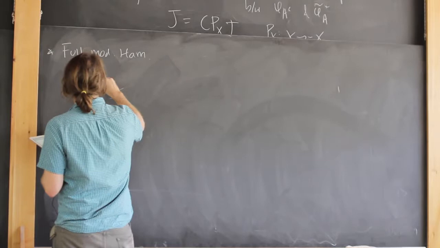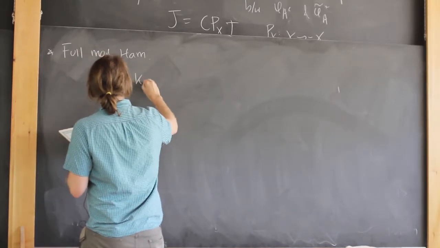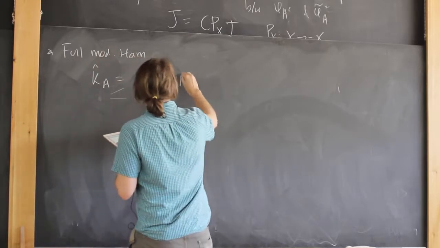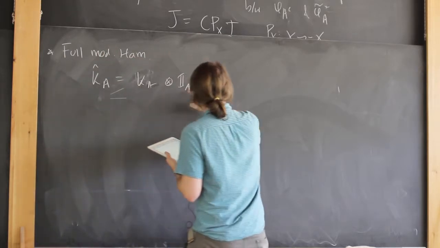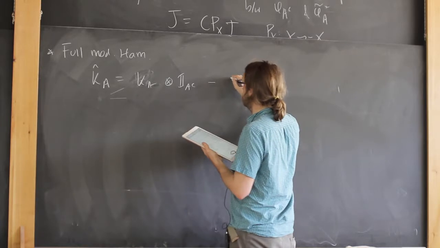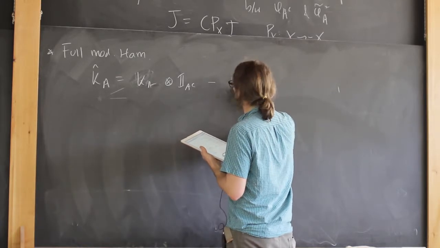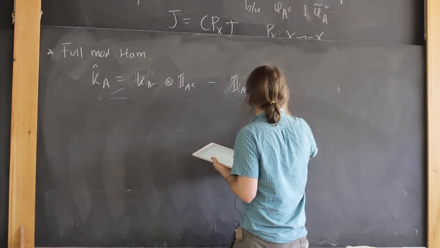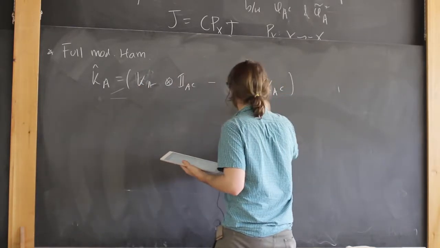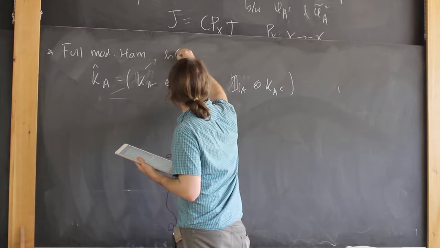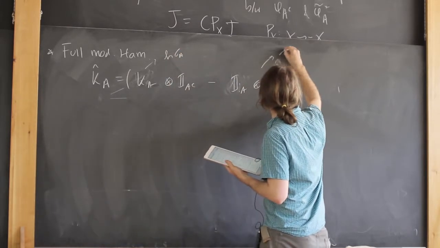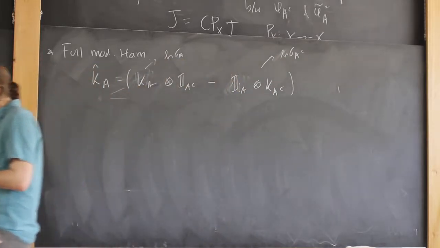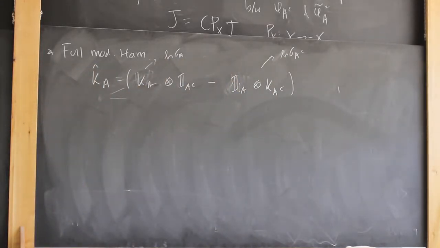And this is just defined as a difference between the modular Hamiltonian for the A region, tensored with a unit operator for the complement region, minus the unit operator tensored with the modular Hamiltonian for the complement region. So this is basically the log of sigma A, and this is the log of sigma A complement.